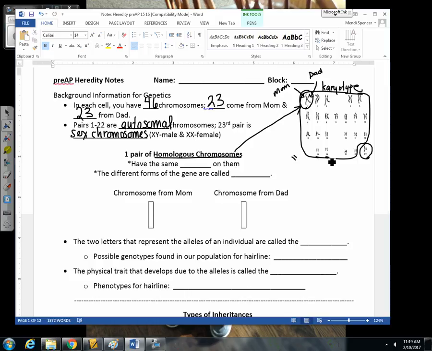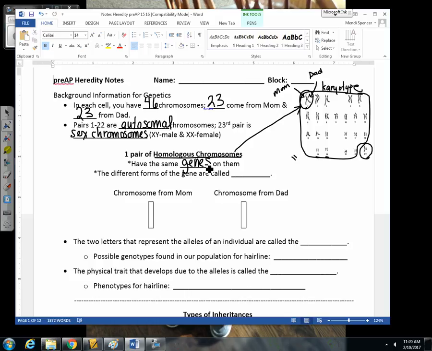So what that means is that they have the exact same genes on them. Every human has chromosome 1, and chromosome 1 has the exact same genes on it for every person in the human population. As a matter of fact, there's a poster hanging up in my room, and you can see all the genes that are located on chromosome 1. So if you get a chromosome 1 from mom and a chromosome 1 from dad, those chromosomes are going to have the exact same genes on them.